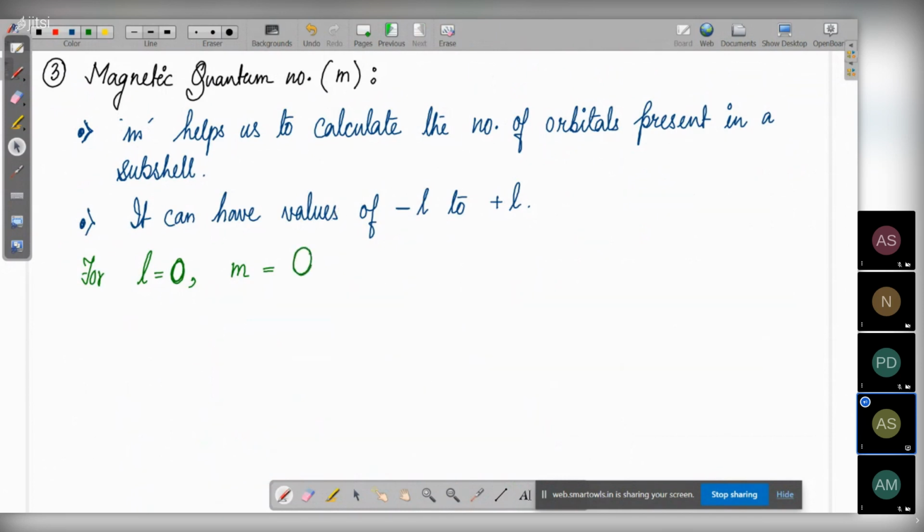But see, if the value of l is 1, then what can be the values of m? Minus 1 to plus 1. That means it can be minus 1, 0, plus 1.